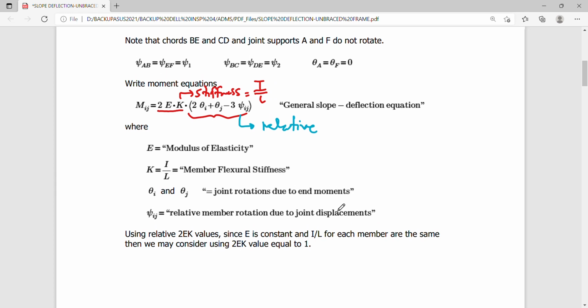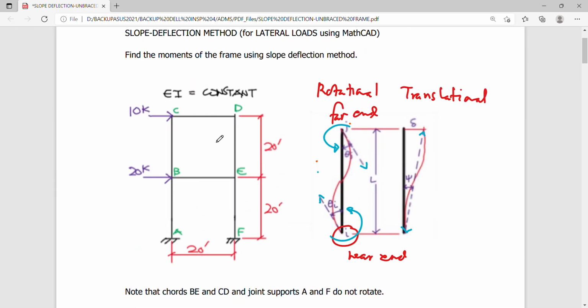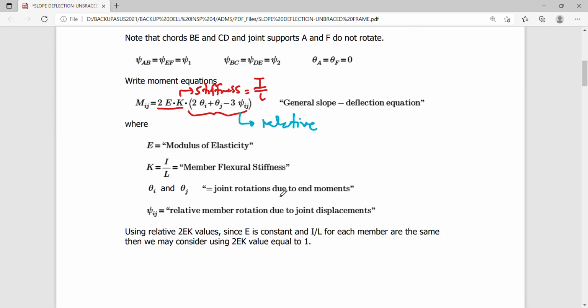So to simplify things, we can see that the length of the columns and the beams are just the same, and EI is a constant. Therefore, EI over L is simply a constant, which makes 2EK simply a constant equivalent to 1.